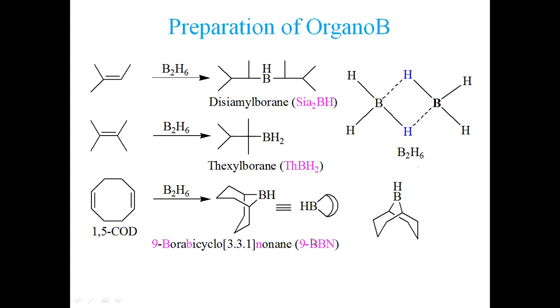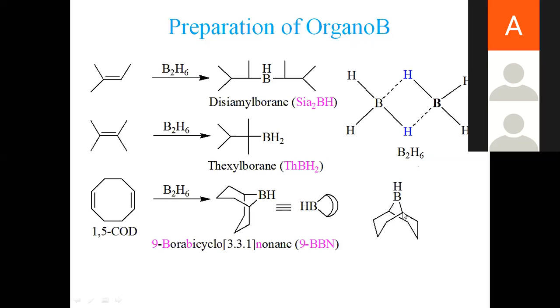And why is it called 9BBN? It is called 9BBN because it is the IUPAC name. How? Whenever we have a bicyclic system, we number it. Either this carbon can be number one, or this carbon can be number one. Numbering always starts from the bridgehead carbon. Both have equal numbers, so we start the numbering from the larger ring.